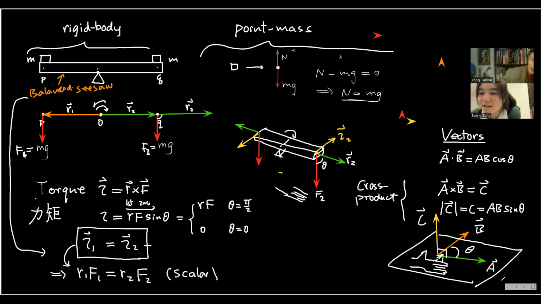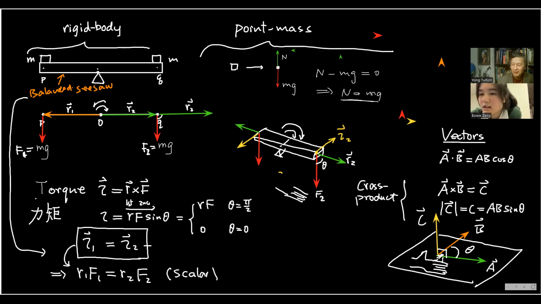The direction will be another good question, because this direction determines how it rotates. If you consider F2, the seesaw will tend to go in that direction. F2 is stronger.